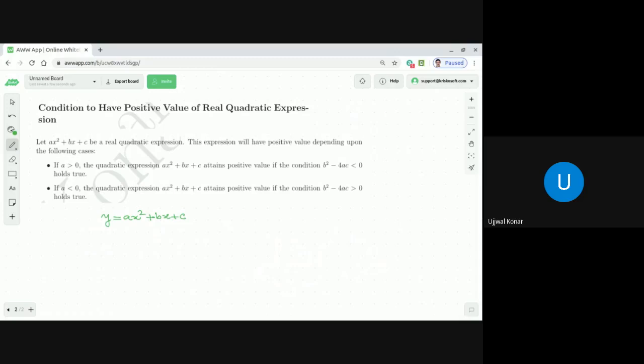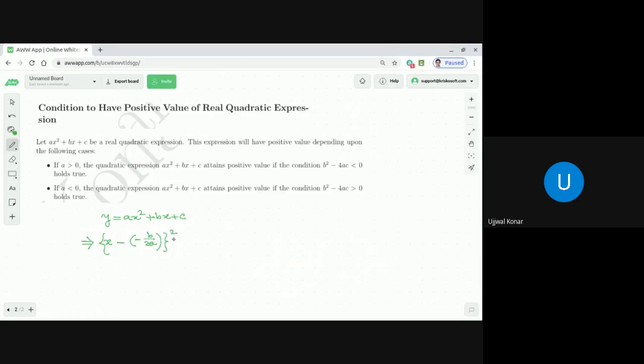Correct or not? So from here what we understood is that we are able to represent this one as x minus of minus b by 2a whole square. Correct?